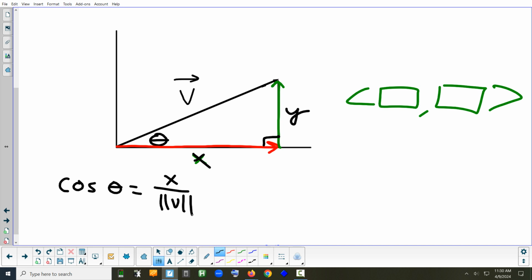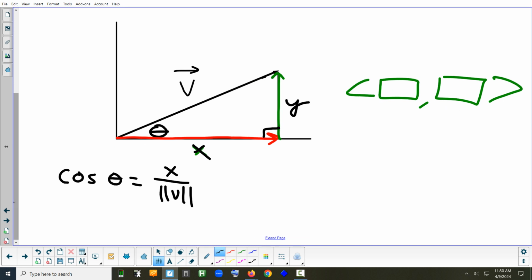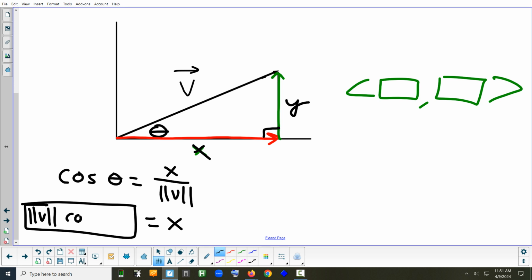Cosine of theta is x over the magnitude, the length of that other side. So if I get x by itself, what would be in that box? It would be the magnitude of v times cosine of theta. Perfect.